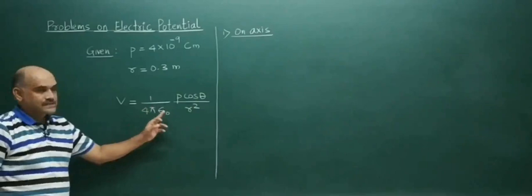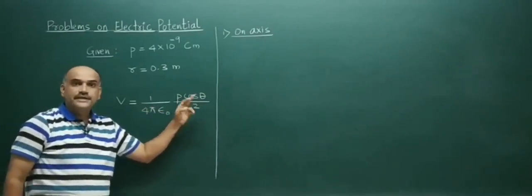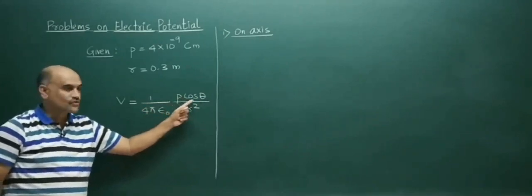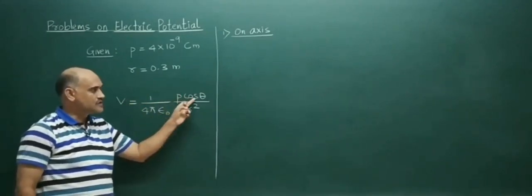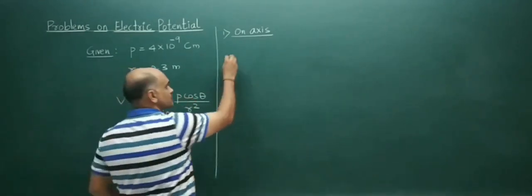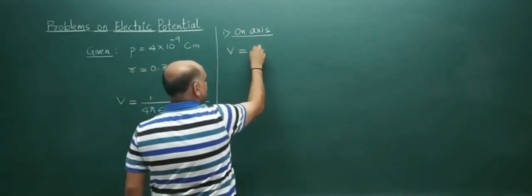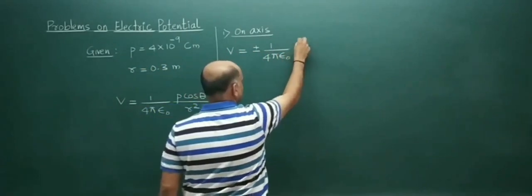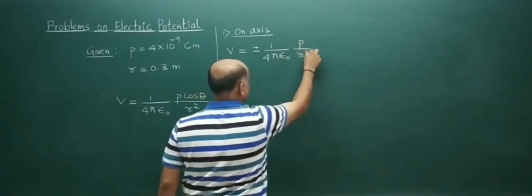For the axis, theta will be either 0 or 180. So cos 0 is 1, cos 180 is minus 1. So V will be equal to plus or minus 1 by 4 pi epsilon naught P by R square.